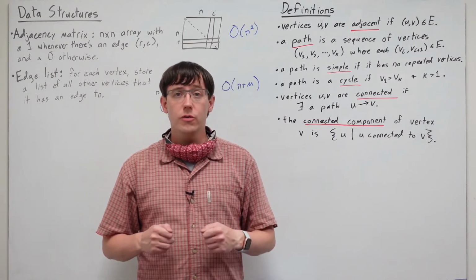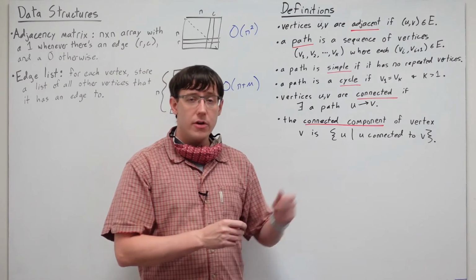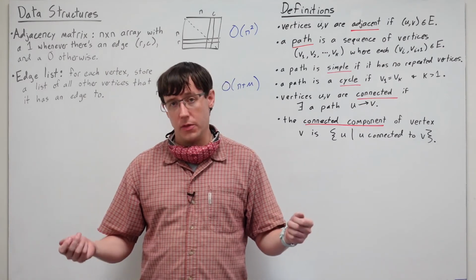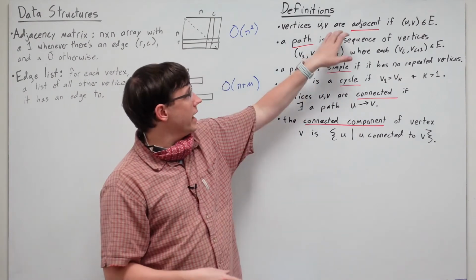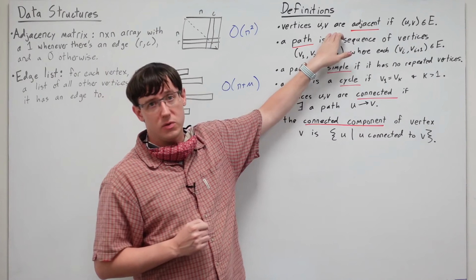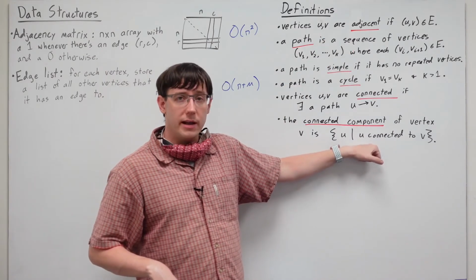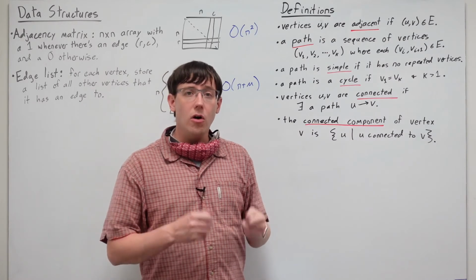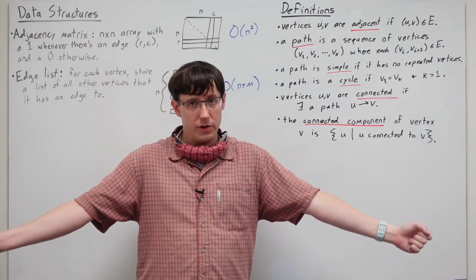We'll define two vertices to be connected if there is some path from one to the other. I will often slip up and use connected when I really mean adjacent, but please correct me if I do this. And then the connected component of a vertex is the set of all vertices that have paths from that vertex.